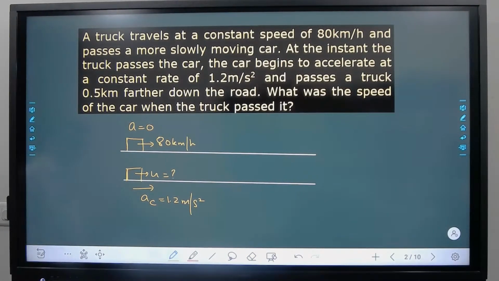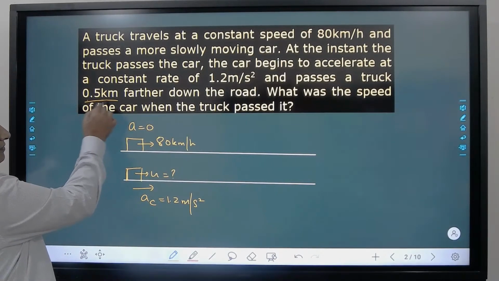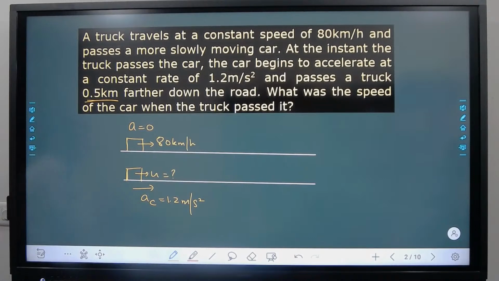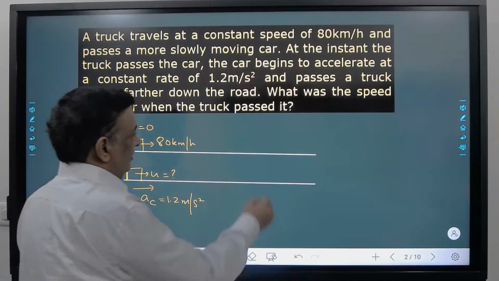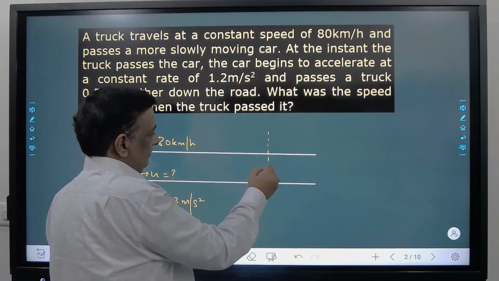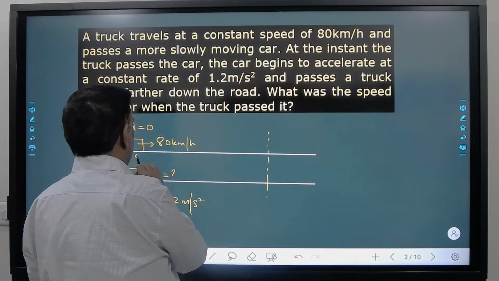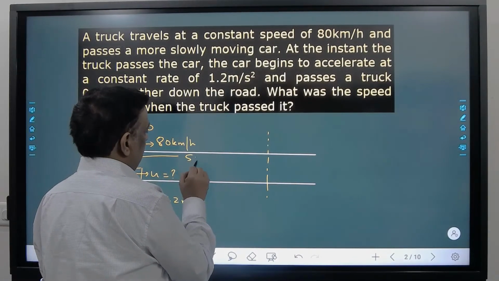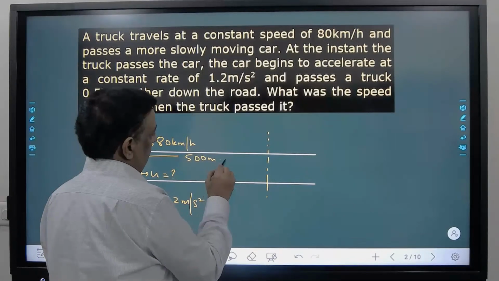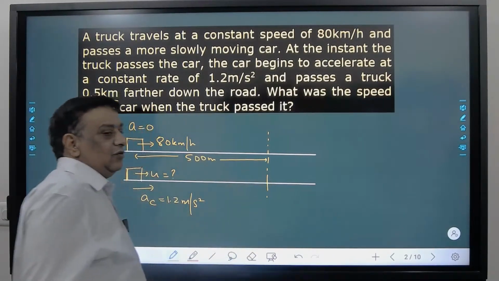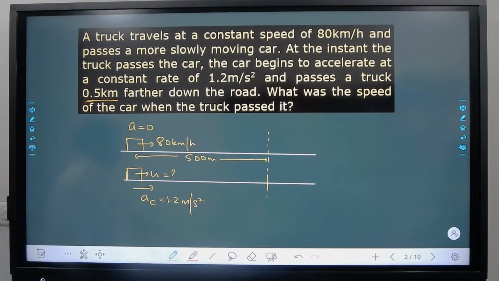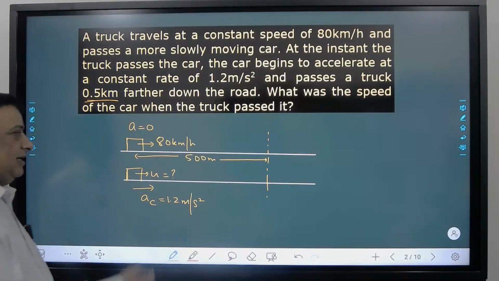And further down the road, 500 meter down the road, car overtakes the truck. So we have to find what is the velocity, speed of car when it overtakes the truck. u we have to find.